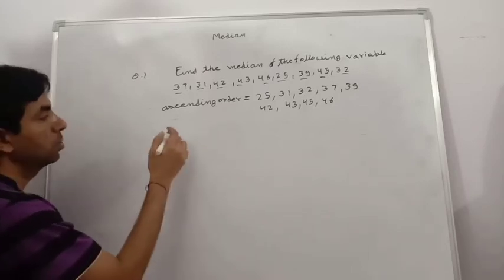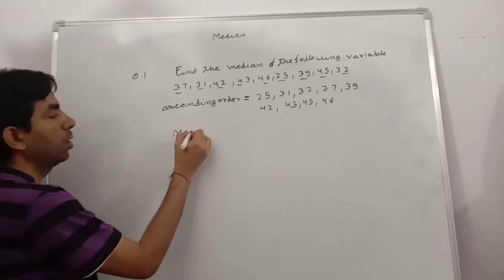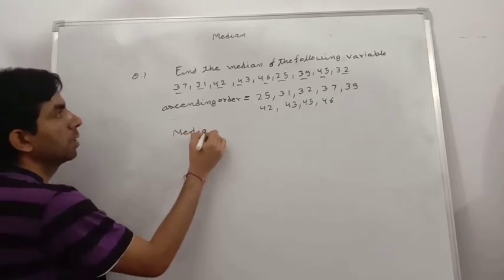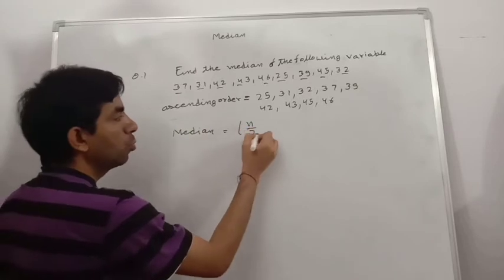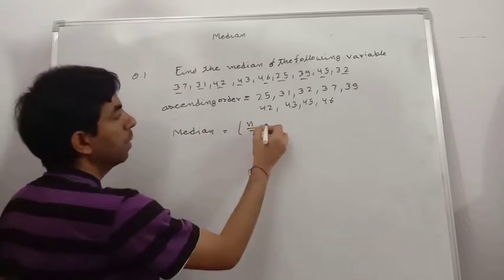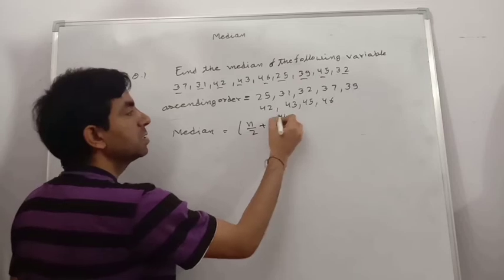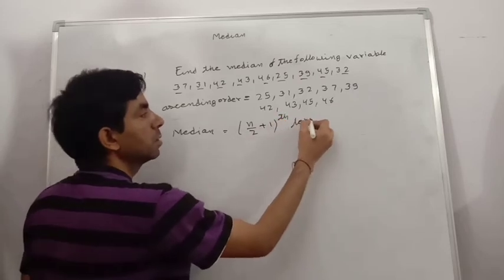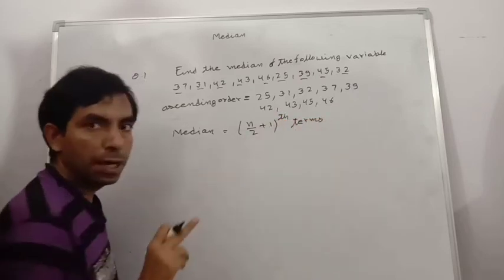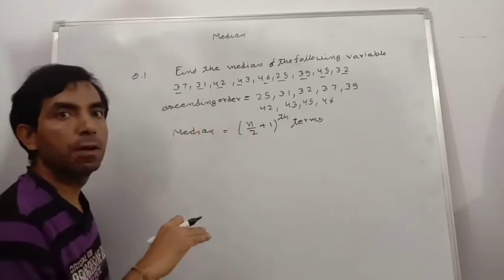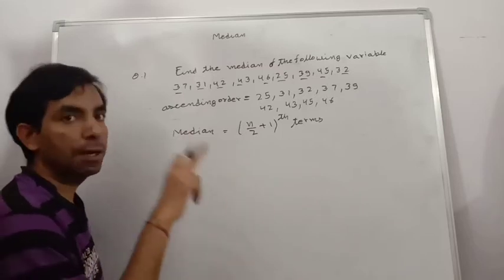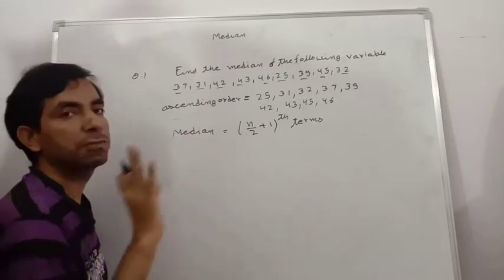So the median formula for odd n is the (n plus 1) upon 2 th term. Here the median is the (n plus 1) upon 2 th term, meaning the position, not the value.